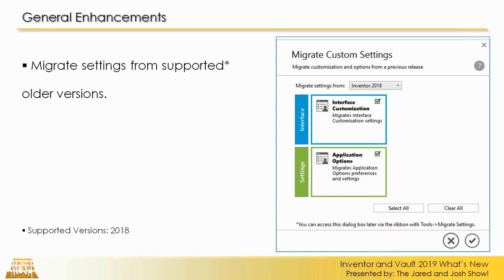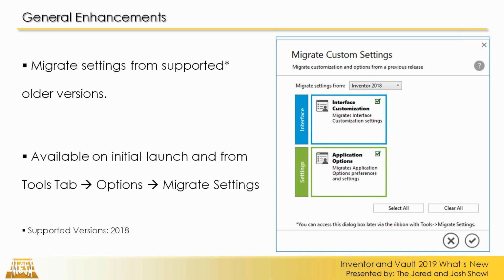Having said that, from here on out, you should be able to use this dialog box next time you upgrade. This will also be available at any point in time on the Tools tab. There will be a Migrate Settings option there. So if you skip past this box the first time through and then decide later on you want to migrate in your settings, you can always go back to it.